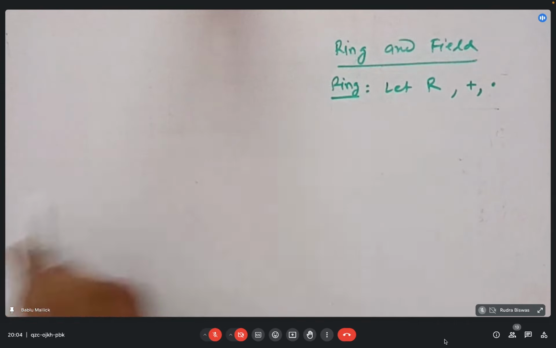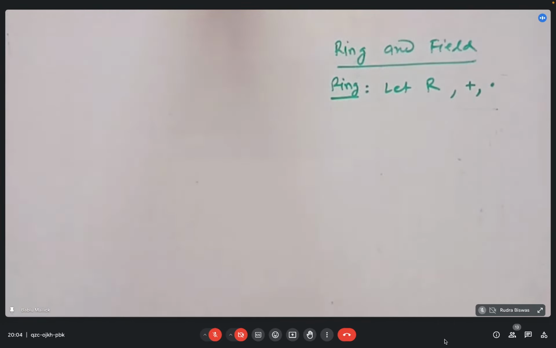Then R is said to form a ring if the following conditions are satisfied.